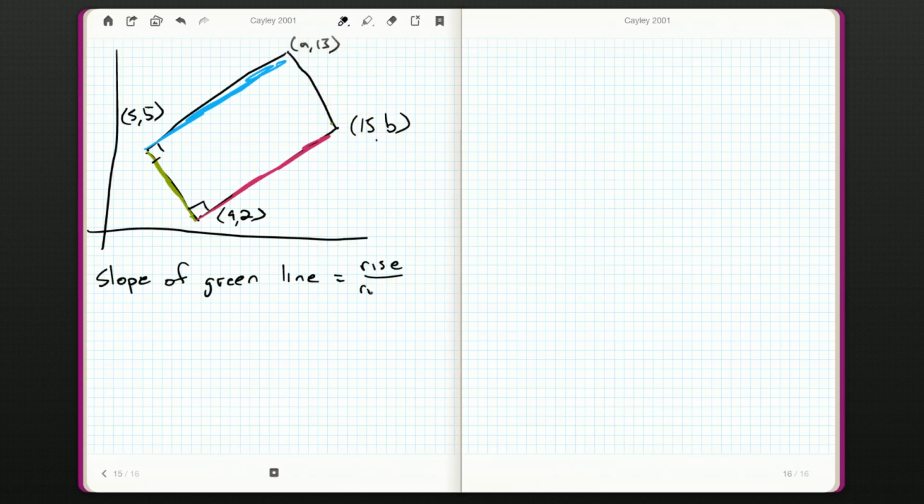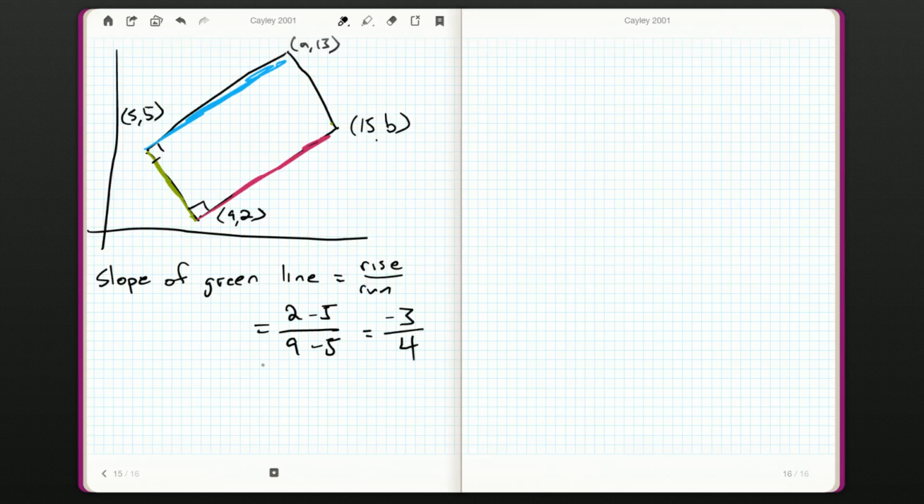If we're given any pair of coordinates, we can determine a line through them using rise over run. We take the difference in the y coordinates, so 2 minus 5, over the difference in the corresponding x coordinates, so 9 minus 5, and we get minus 3 over 4.